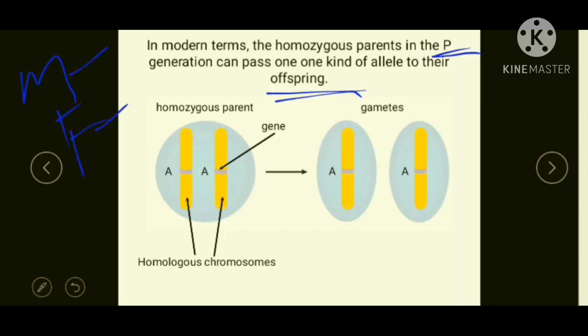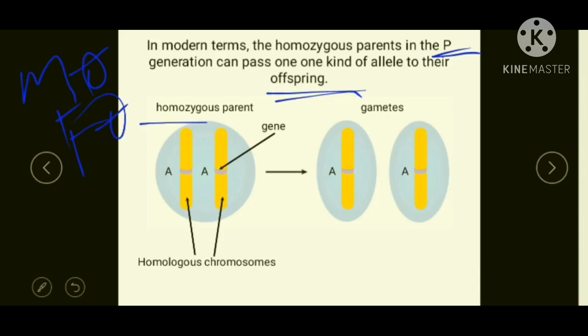The offspring receives one allele from the mother and one allele from the father, so the alleles separate during gamete, or sex cell, formation.